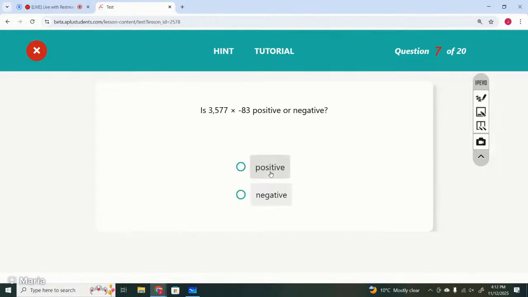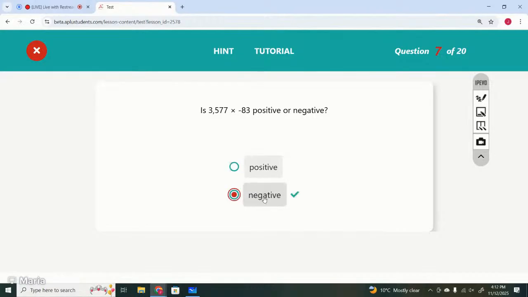Is 3,577 times negative 18 positive or negative? That is negative.